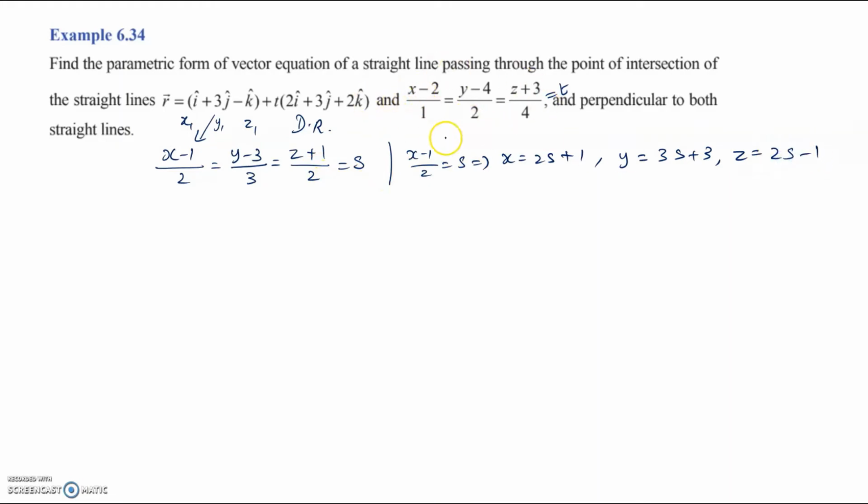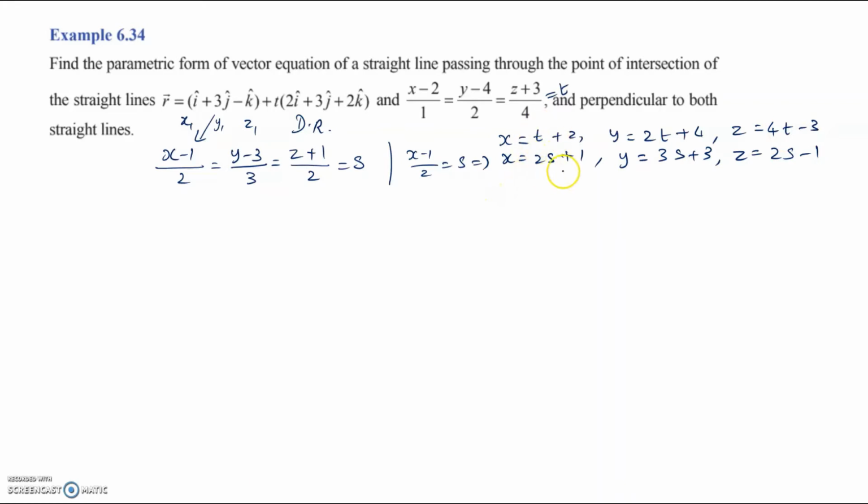Similarly, rearranging the other, you will get x is equal to t plus 2, y is equal to 2t plus 4, and z is equal to 4t minus 3.